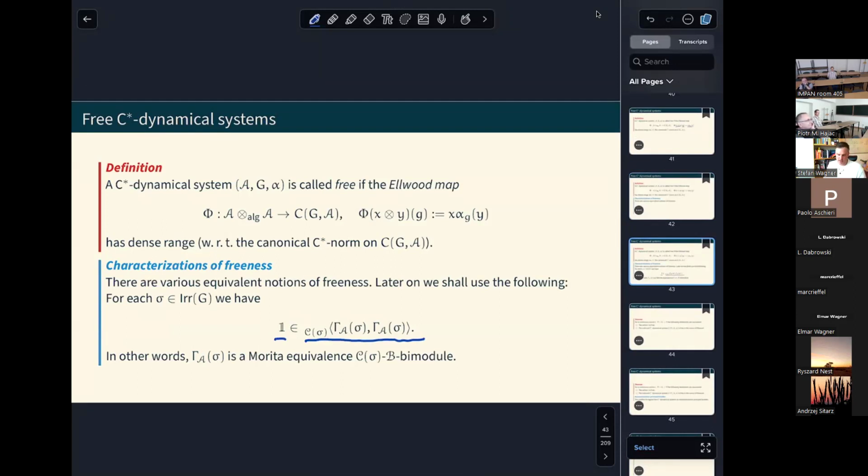Remember, we had these spaces Gamma R of sigma, equipped with the left inner product with values in C sigma. Now I want that you can generate a unit, which means basically that these associated vector spaces are Morita equivalence bimodules. This is the missing condition that I was pointing out from before. So freeness means that these associated spaces are Morita equivalence bimodules between C sigma and B. So freeness is captured in these associated modules.